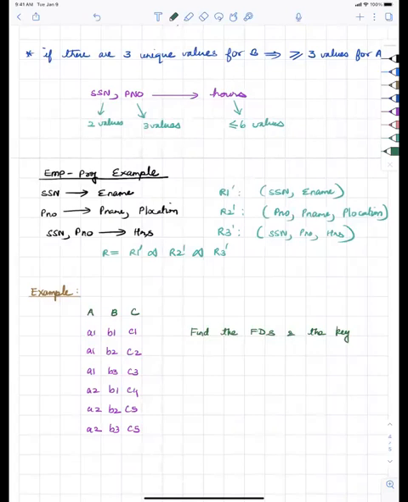So we have another couple of minutes. Just see if you can start with this: does A determine B?